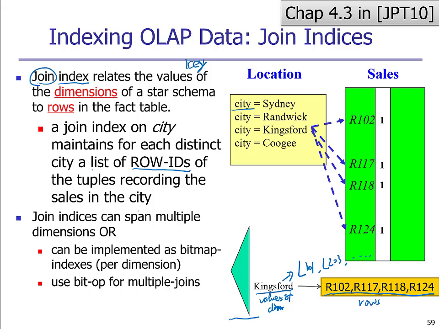So all these, R102 or R117, and so on and so forth, they all have a location key which corresponds to an entry in this location table where the city equals Kingsford in this example. That is why it's called a join index. So unlike the traditional index, what it stores is the row IDs from the fact table, not the original dimension table.